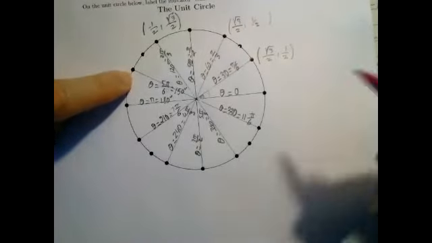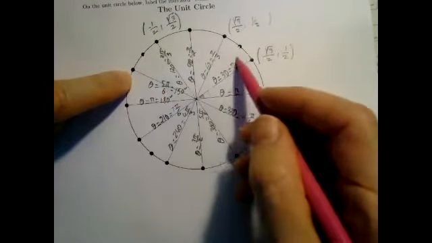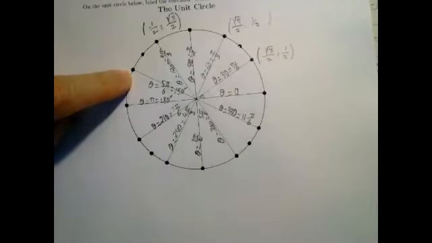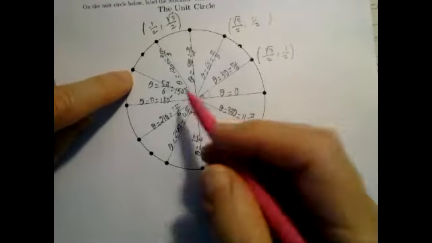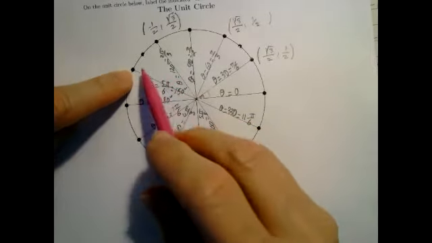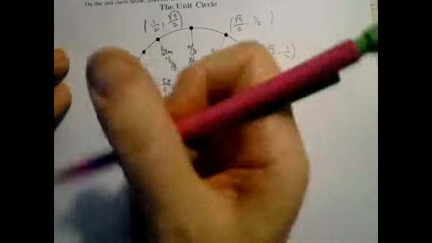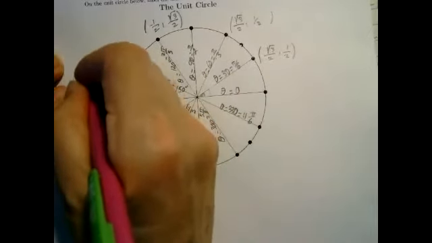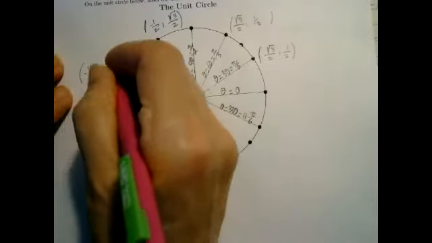Right here, again, total symmetry. I don't memorize anything at this stage. Right here, I'm looking for the cosine of 5 pi over 6 and the sine. By symmetry, the x coordinate is negative and the y is positive.